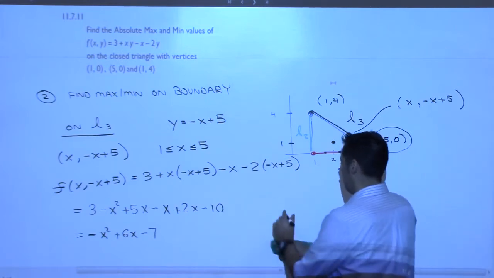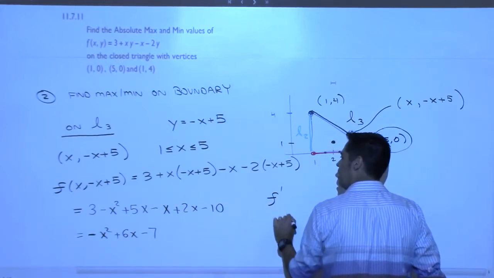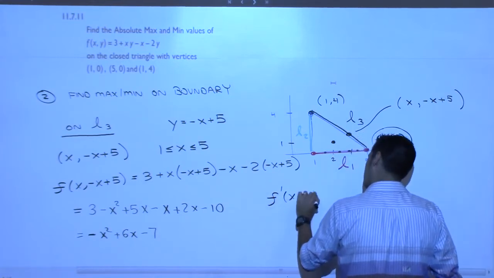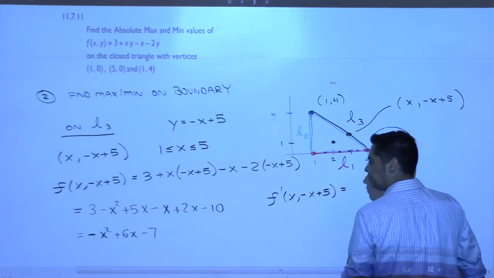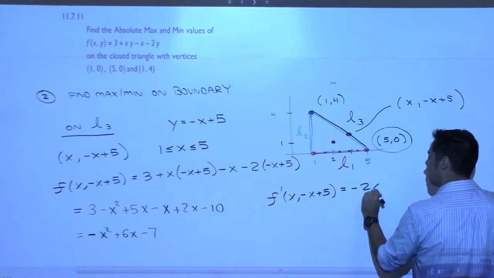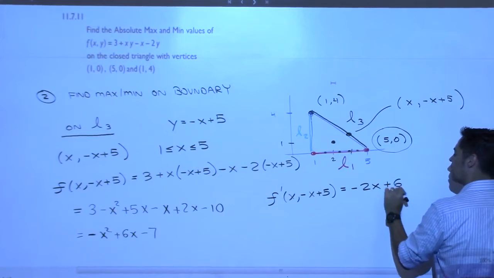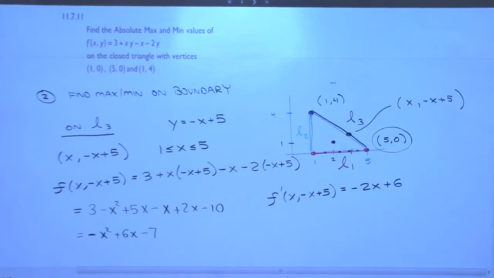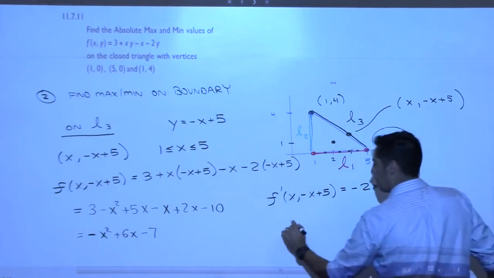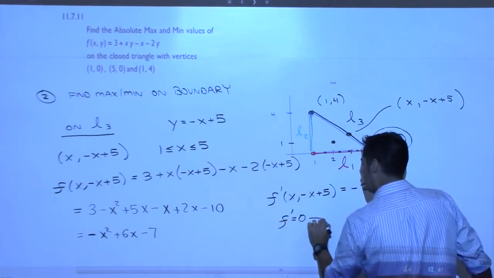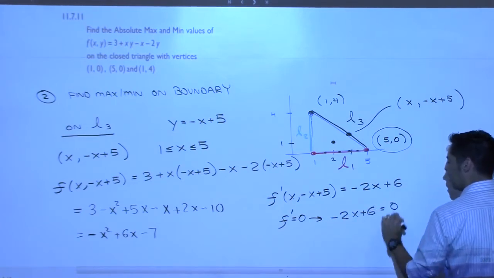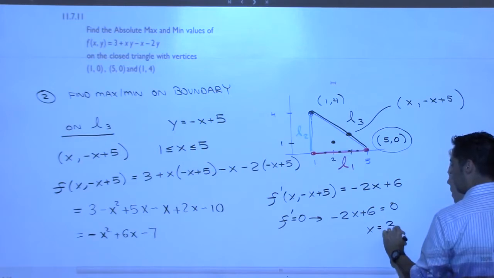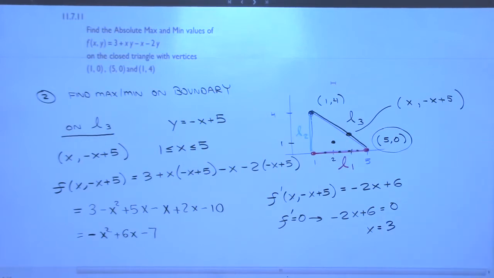So what would the derivative of this, x comma negative x plus 5, be? Negative 2x plus 6, right? And from there, you set that to 0. F prime equals 0. Well, that's going to be negative 2x plus 6 equals 0. So x is 3.